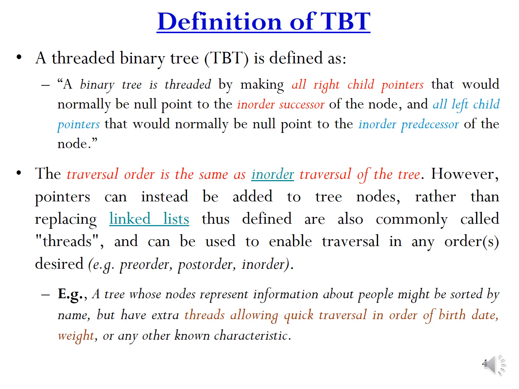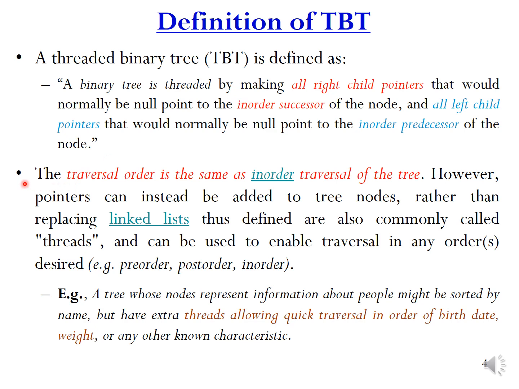A threaded binary tree can be defined as a binary tree, or we can say an extension of the binary tree, which is threaded by making all right child pointers that would normally be null point to the in-order successor of the node, and all left child pointers that would normally be null point to the in-order predecessor.